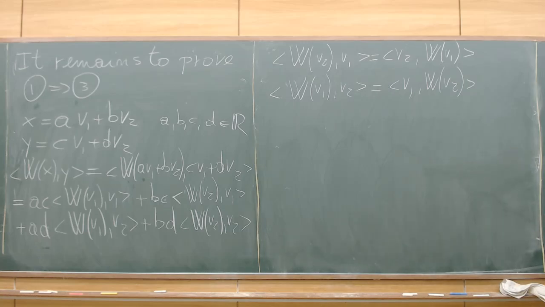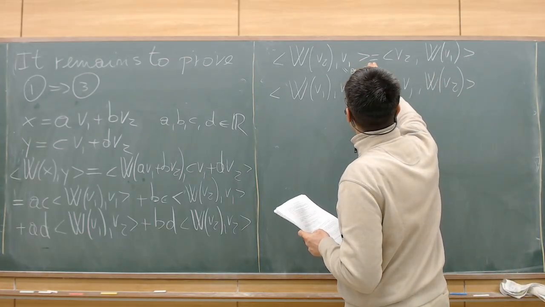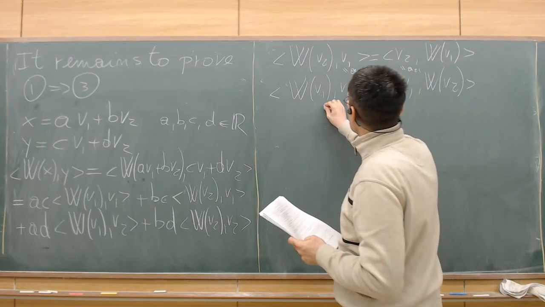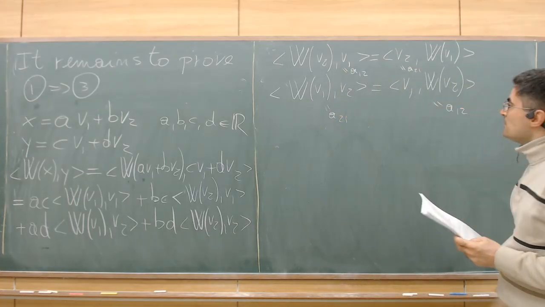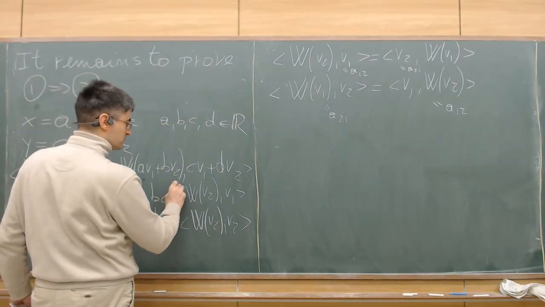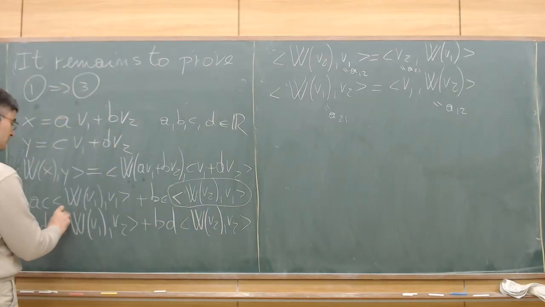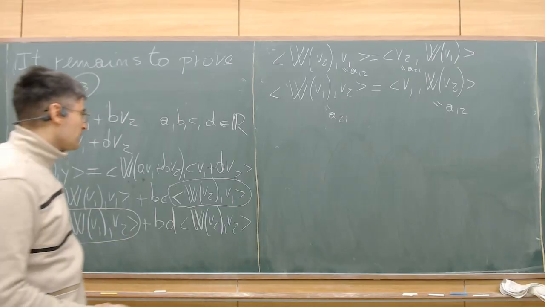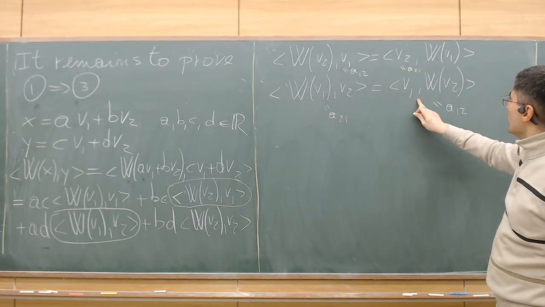Why is this true? This is true because this is A12 and this is A21. This is A21 and this is A12. So this term and this term can be replaced by V2 W V1 and V1 W V2.